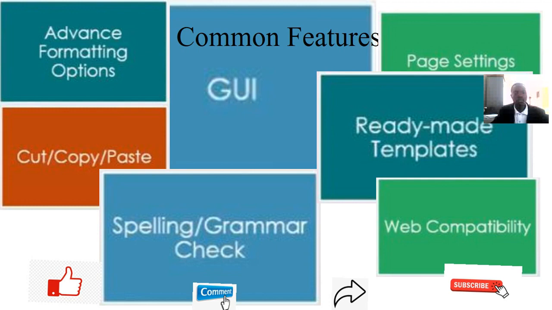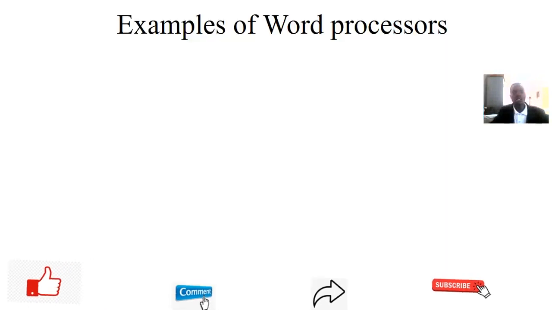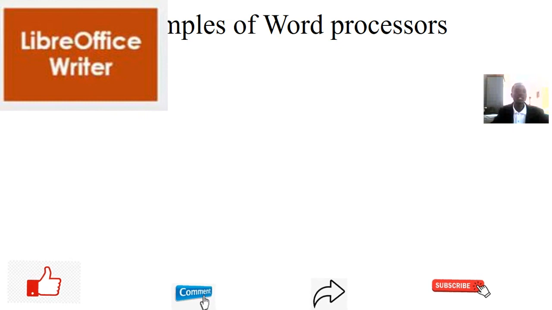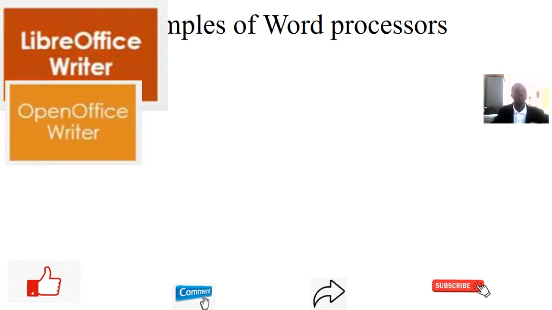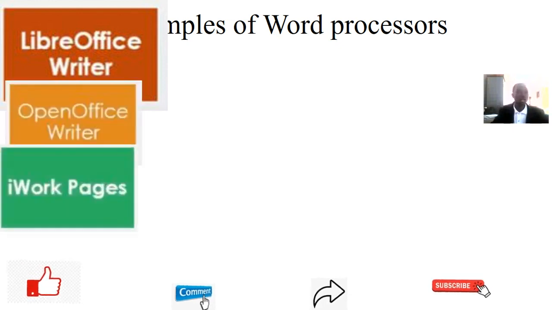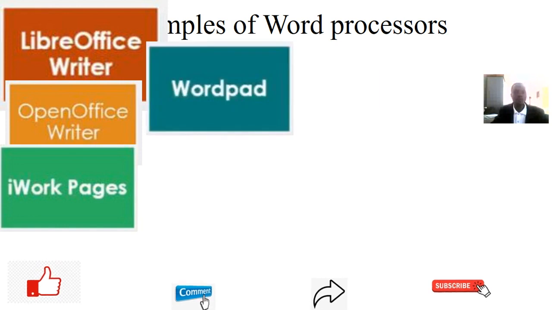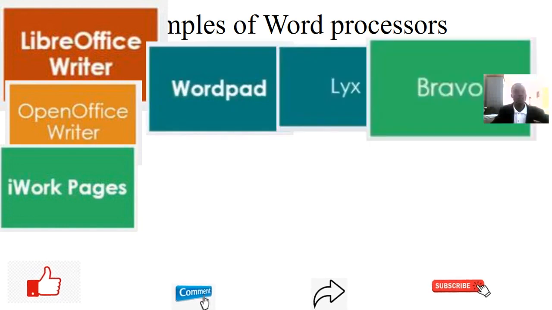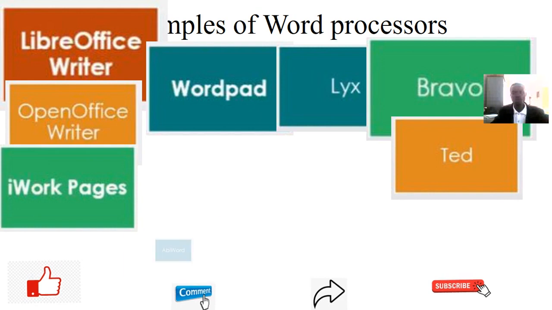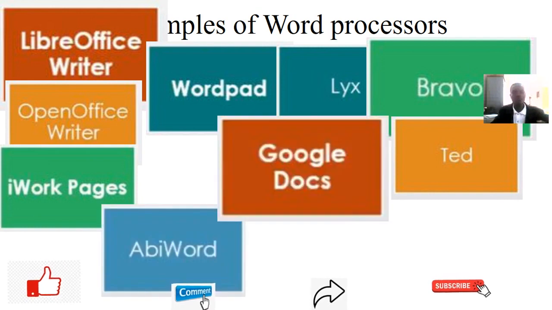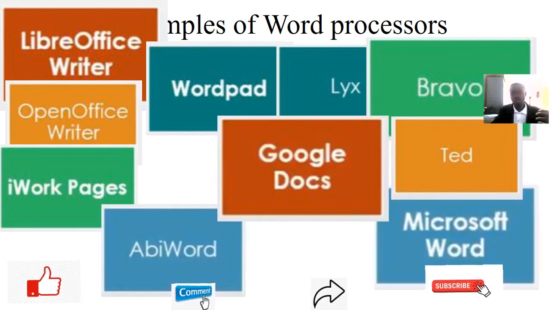And I think this is the next slide, examples of word processors. The first one is LibreOffice Writer. We have Open Office Writer, iWork, Pages, WordPad, we have Lex, we have Bravo, we have TED, we have AbiWord, we have Google Docs, and finally Microsoft Word, which is the one that we are going to use in this lecture.